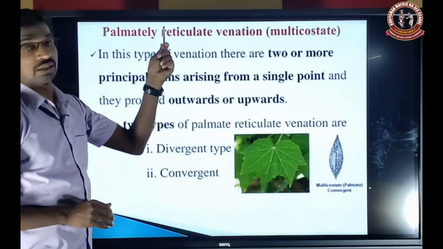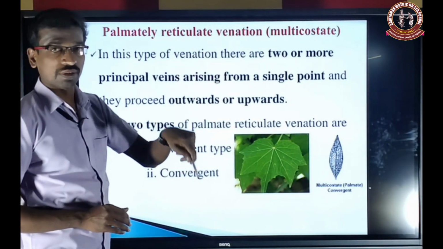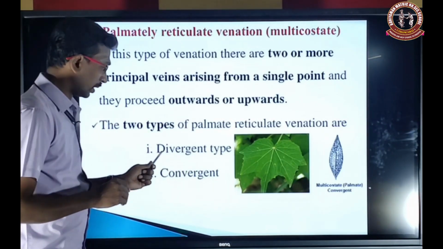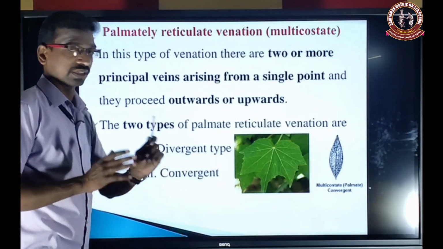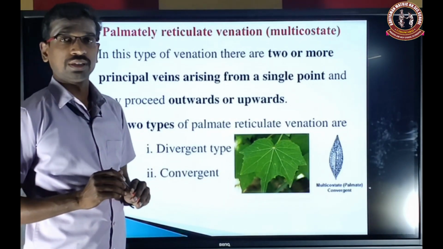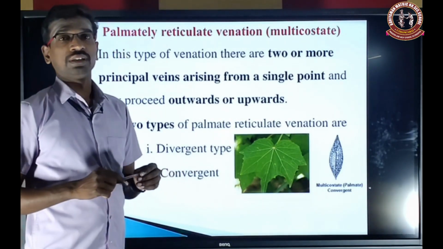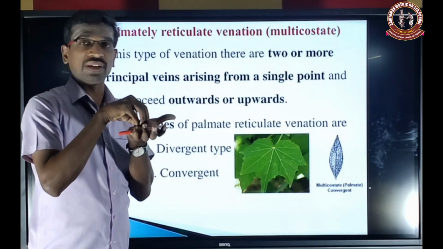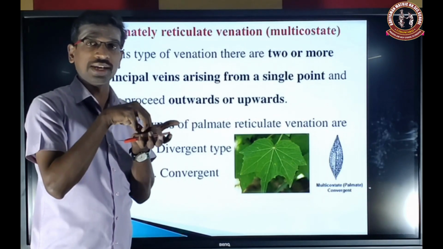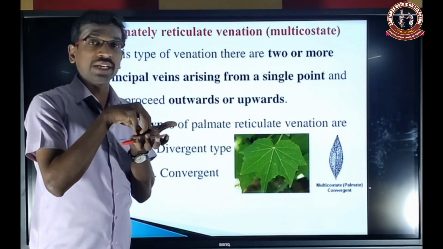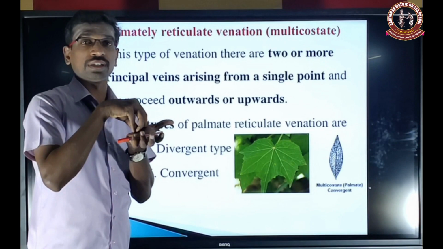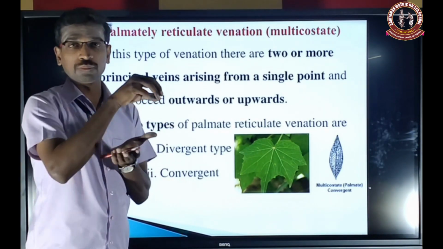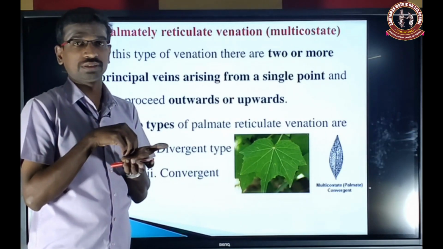The palmately reticulate venation is further divided into two types: divergent and convergent. Divergent means many principal veins arise from the common point and move away from one another.